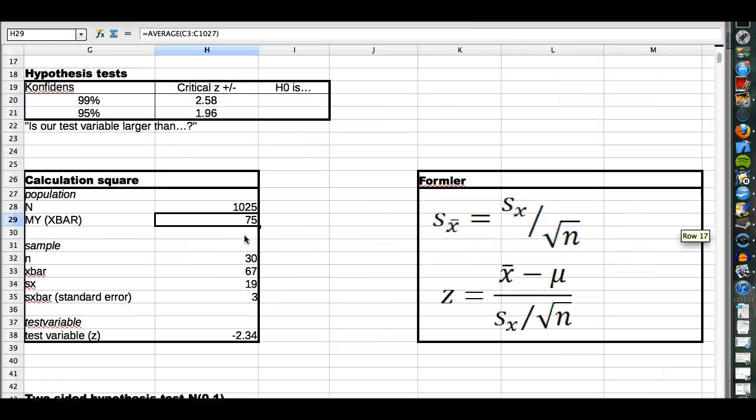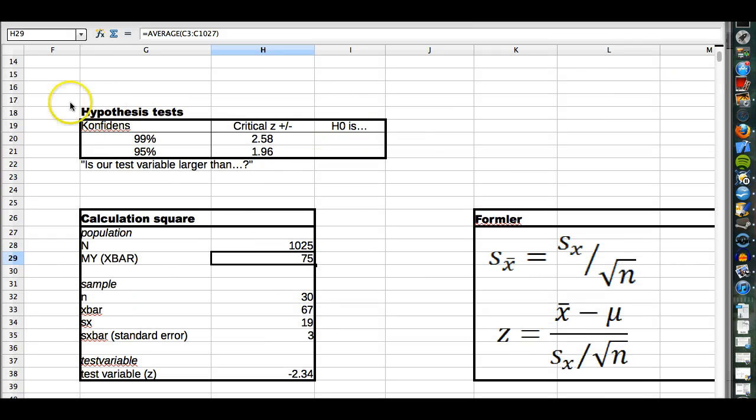But we're going to calculate this numerically, so it's really short. So I create a little table here, and I have two fields here for our null hypothesis. And the question we're asking ourselves is, is our test variable larger than different critical values? And I looked these up in tables for you. Okay, so at 99% confidence level, is our test variable larger than 2.58 in absolute terms?